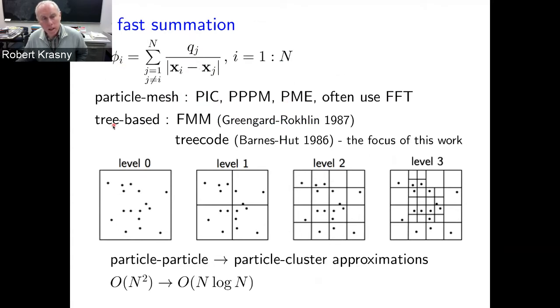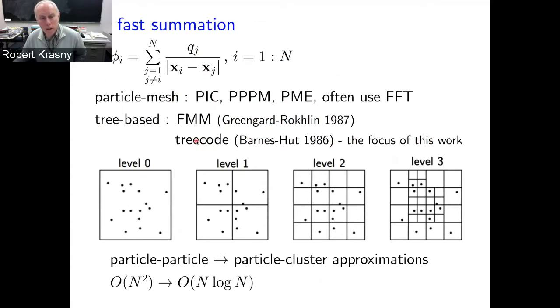On the other hand, there are tree-based methods that do not use FFTs. Among these, I'll cite the fast multipole method by Greengard and Rokhlin, and then a tree code by Barnes and Hut. These methods have some important similarities, but also important differences. And the tree code is the focus of the work that I'm presenting here.